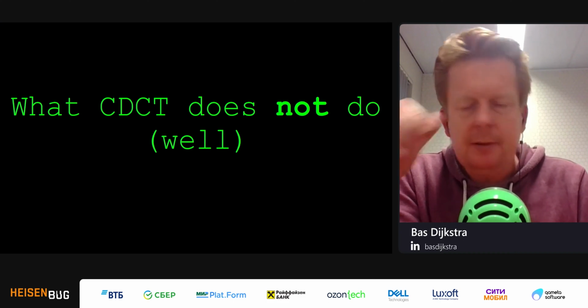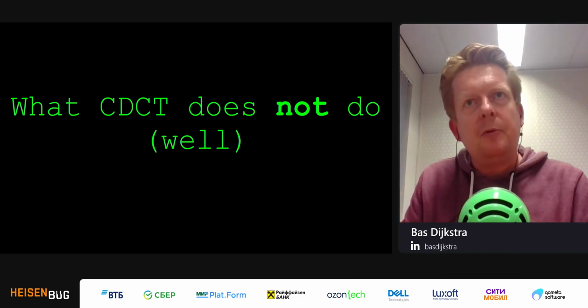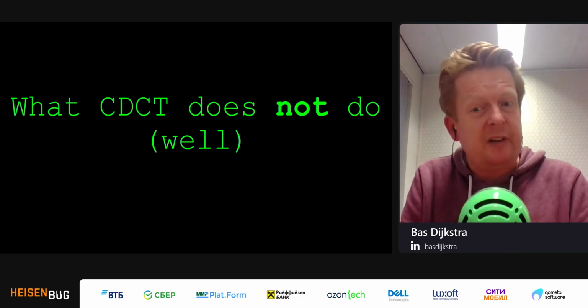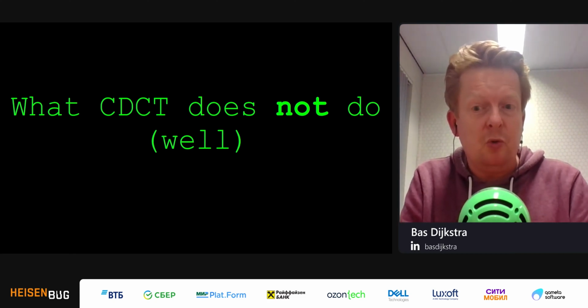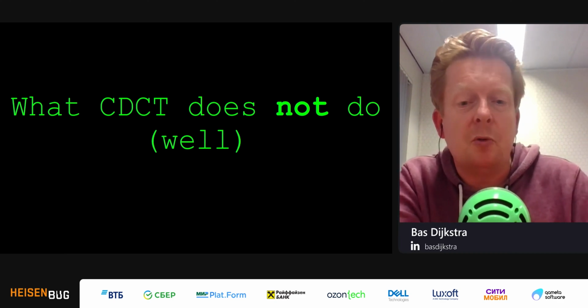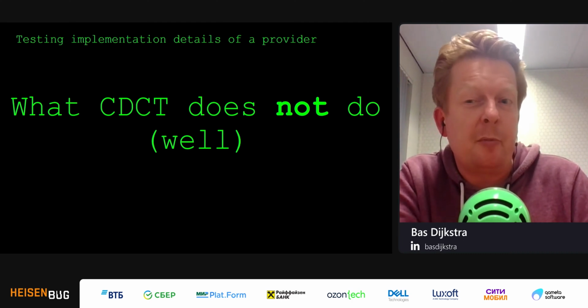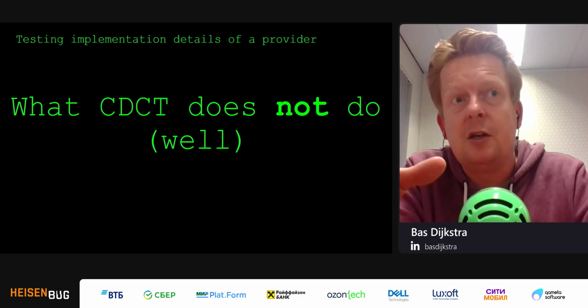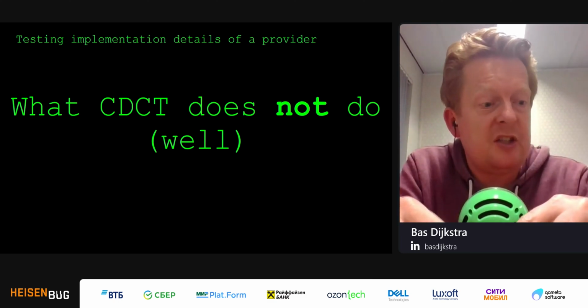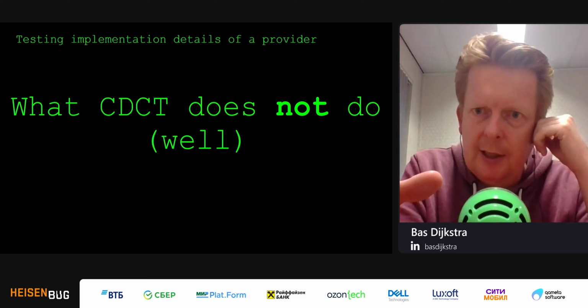To wrap this up, now that we've seen what consumer-driven contract testing does well, let's look at a couple of things that it does not do so well. It's not something I'd use for testing implementation details of a provider. First of all, that's the responsibility of the provider itself, not something that should be managed between consumer and provider.